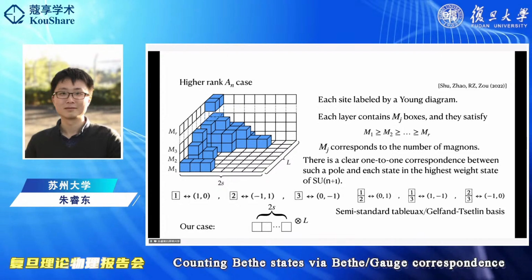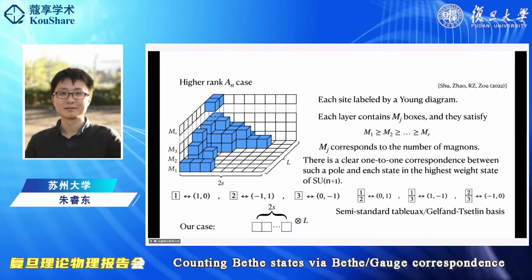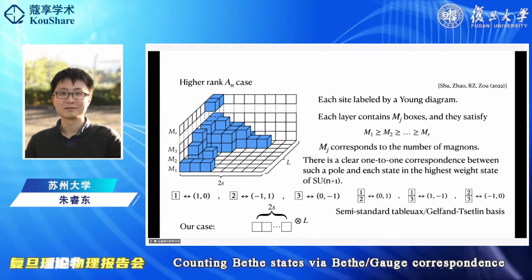And if you are a little familiar with the representation of the algebras, you will see that this has a one-to-one correspondence between each pole and each state in the highest weight representation of SU(N+1). For example, in the textbook, you can find something called the semi-standard tableau or Gelfand-Tsetlin basis.